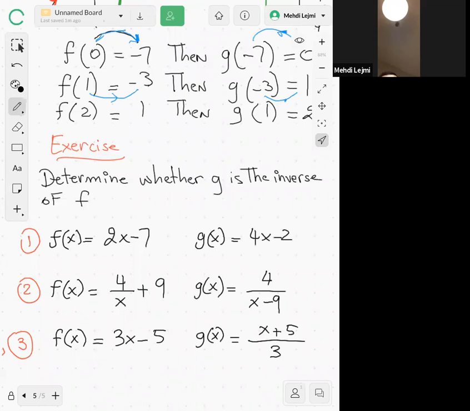Yes, I think you're correct, Rabiul, first one is not, G is not the inverse of F. Yes.